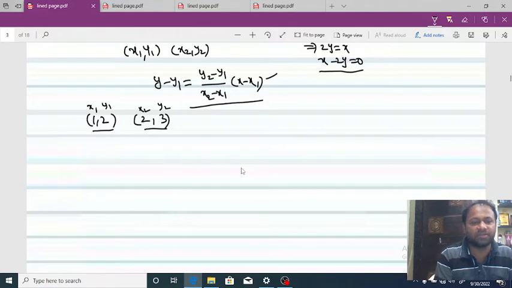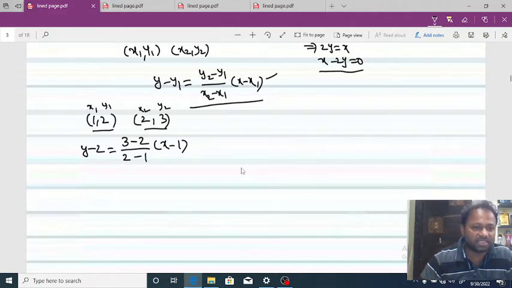Y minus y1 is equal to y2 minus y1 divided by x2 minus x1 into x minus x1.